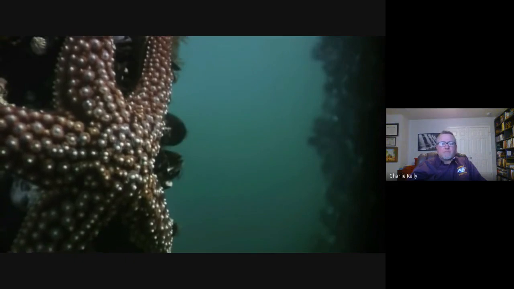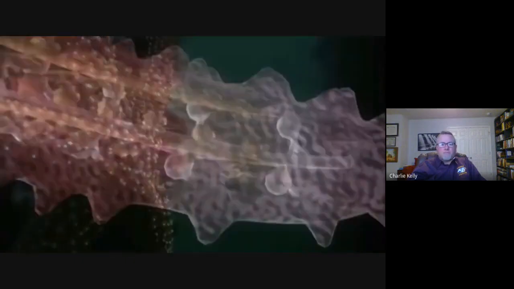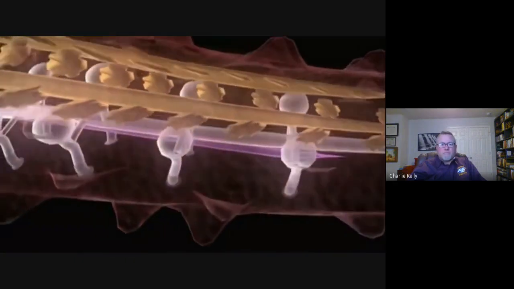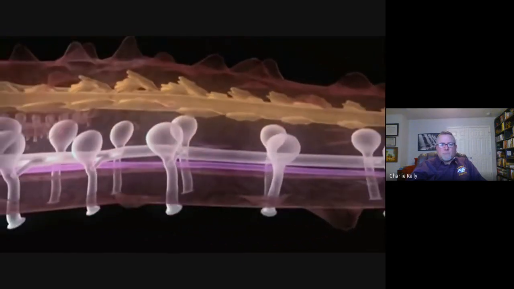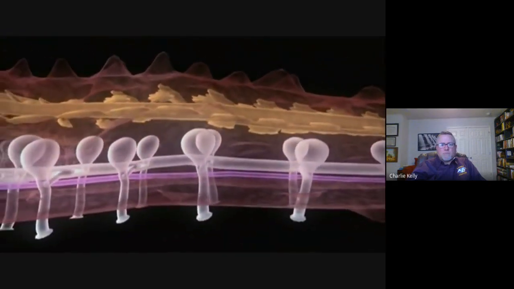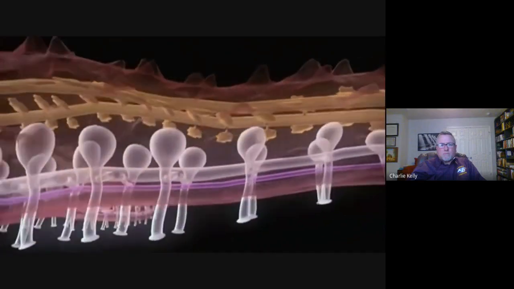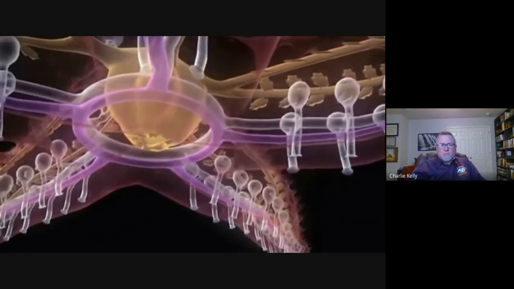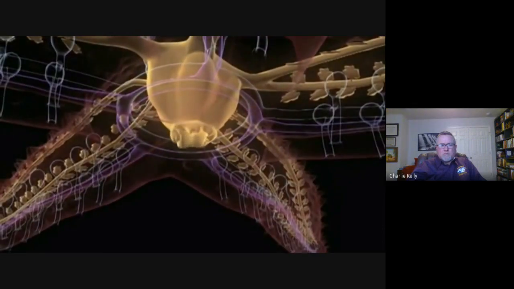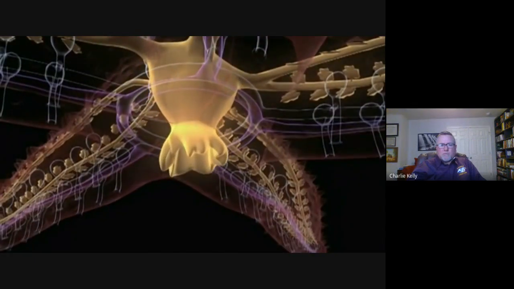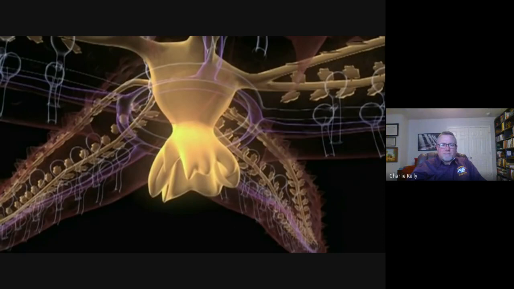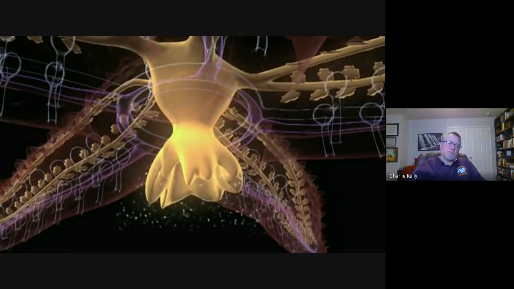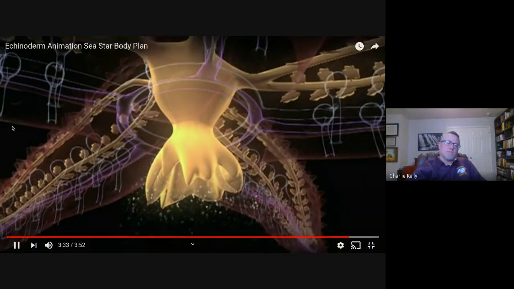The first wave of the assault begins with the tube feet, which use hydraulic pressure to pry open any gaps in the mussel's shell. Next, the sea star deploys its most unusual weapon, its stomach, which moves out of its body to digest its prey alive.